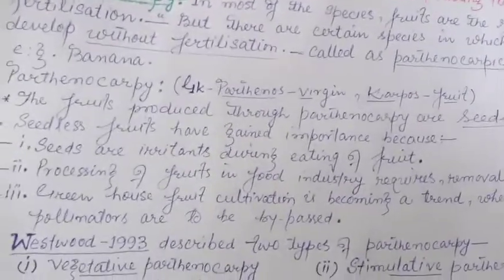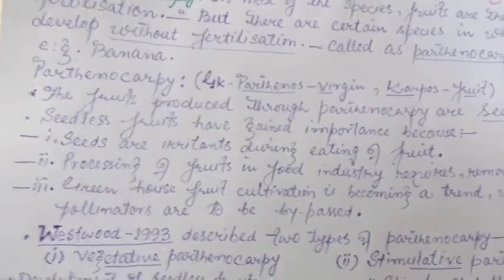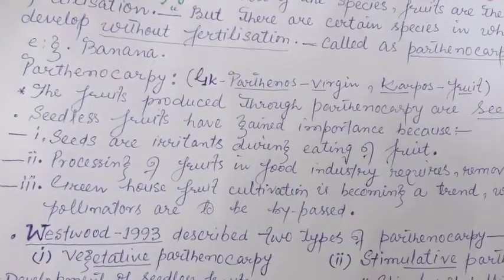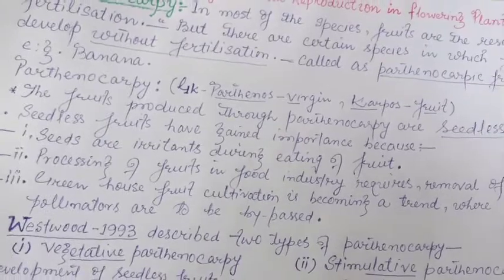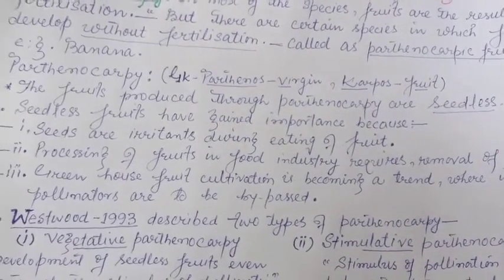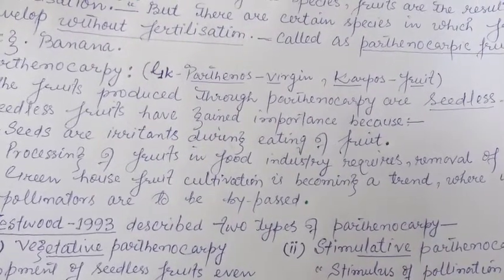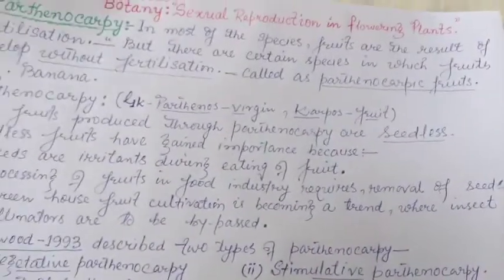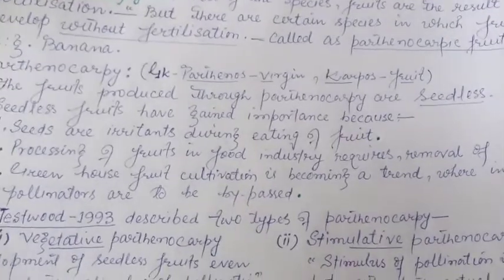Firstly, the seeds are irritants during eating of fruit. You must have experienced that. And the processing of fruits in the food industry requires removal of seeds, which again is cumbersome. And greenhouse fruit cultivation is becoming a trend where insect pollinators are to be bypassed.